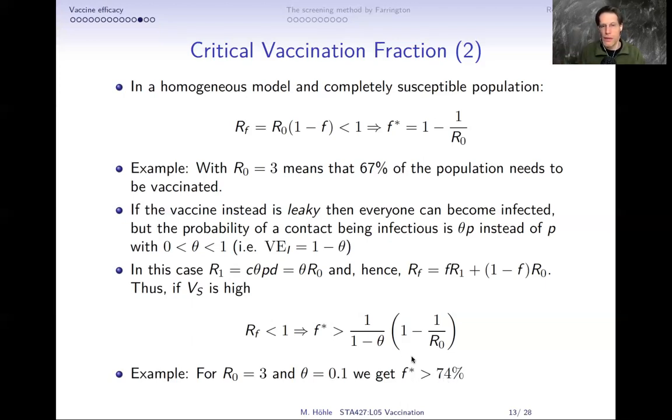If that would have been 0, then we would just have the 1 here, and then we would have the expression that we had previously. So you need to do more here, of course, and depending on how this looks, you have to do quite some more.